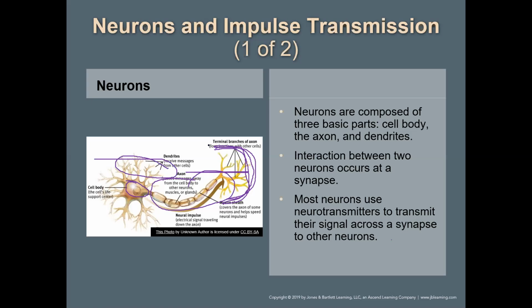They have that little junction where they don't quite touch. And chemicals, or neurotransmitters, are what connect one cell to another. Most neurotransmitters transmit their signals across that synaptic space to other neurons, and that's how it goes fast.